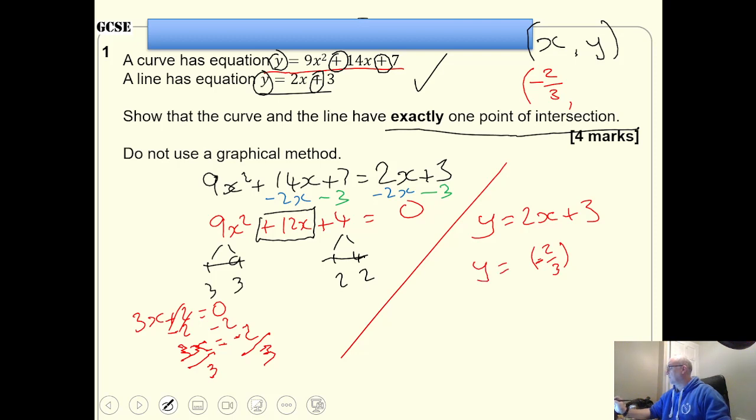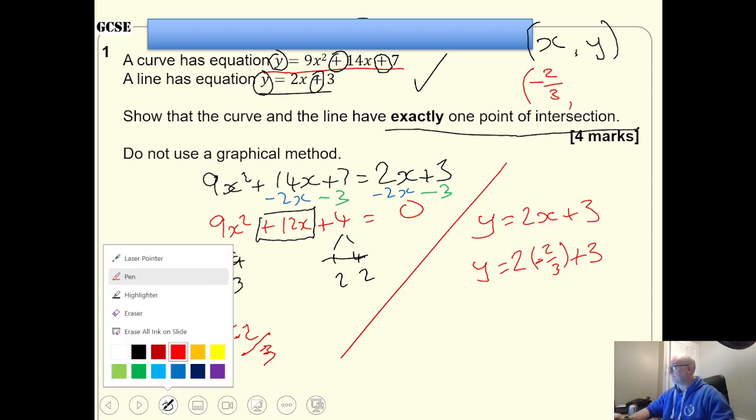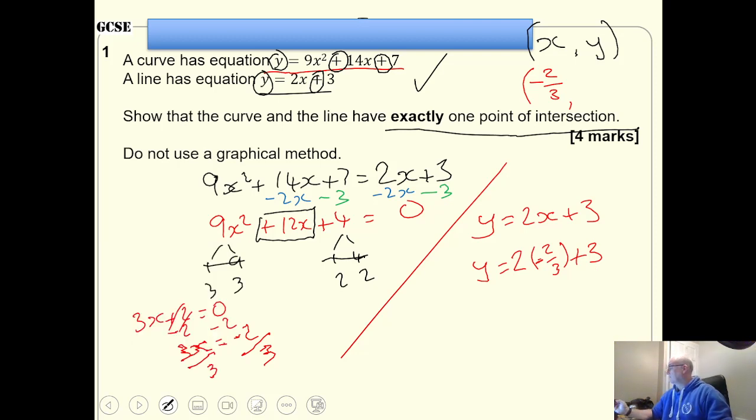So y equals 2 lots of minus 2/3 plus 3. 2 times negative 2/3 is going to give me negative 4/3. So we've done that first part, and then we just have to add the 3 onto negative 4/3.